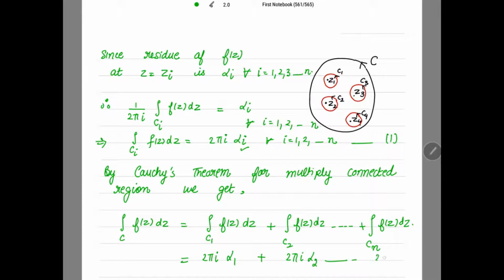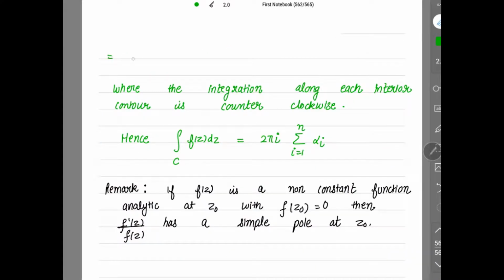For this we have 2 pi i alpha n. Take 2 pi i common. This is equal to 2 pi i times alpha 1 plus alpha 2 up to alpha n, which is nothing but the sum of the residues, alpha i, where i starts from 1 to n. Proved? Hence the result, right?